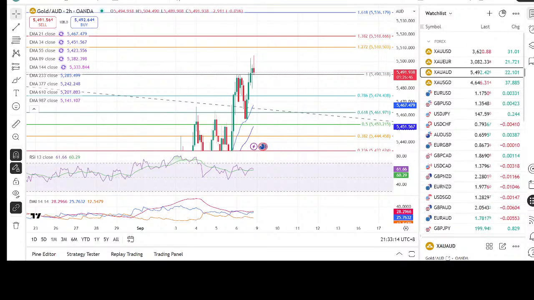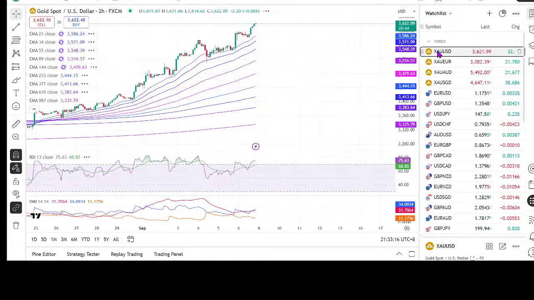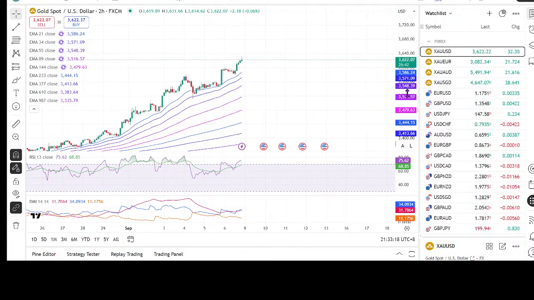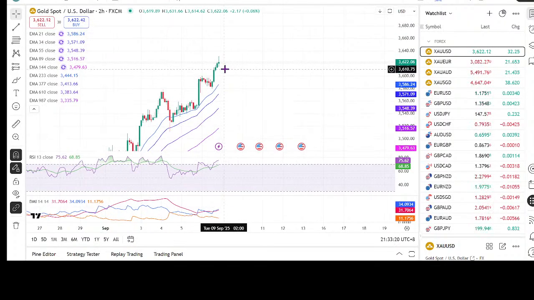Let's look at the gold US. In fact, today we did project the high to be somewhere near 3,635, 45 and 55 for today.